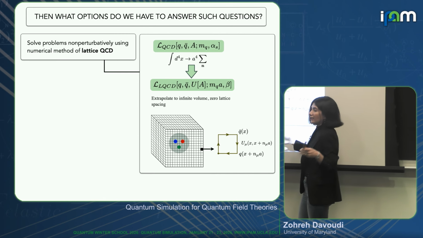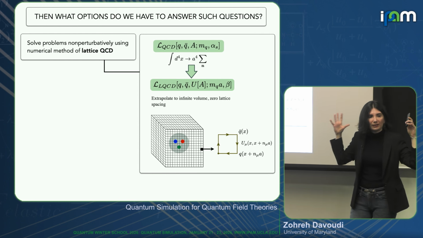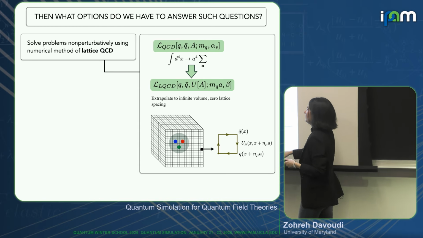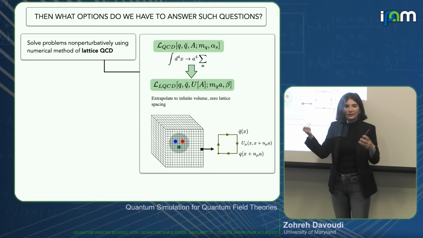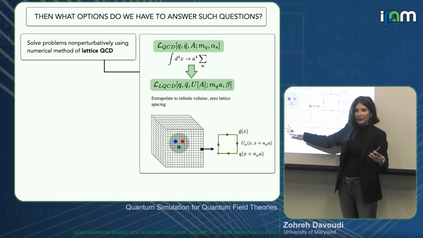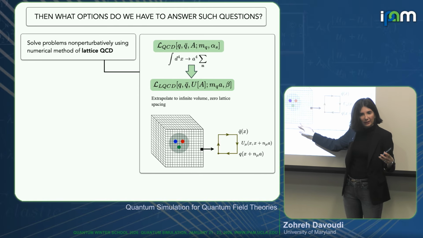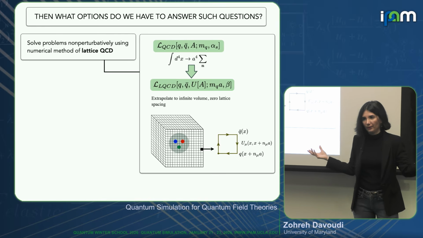Let's think about a finite extent in time and space, a cube, or hypercube in this case. And then also discretize it, so that I don't have to worry about quarks and gluons everywhere in space and time, rather on a finite set of points or links between them. That would make the problem finite dimensional as opposed to infinite dimensional.